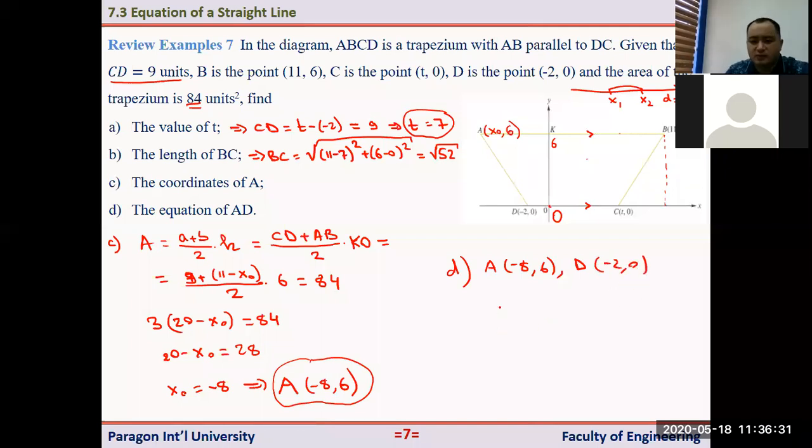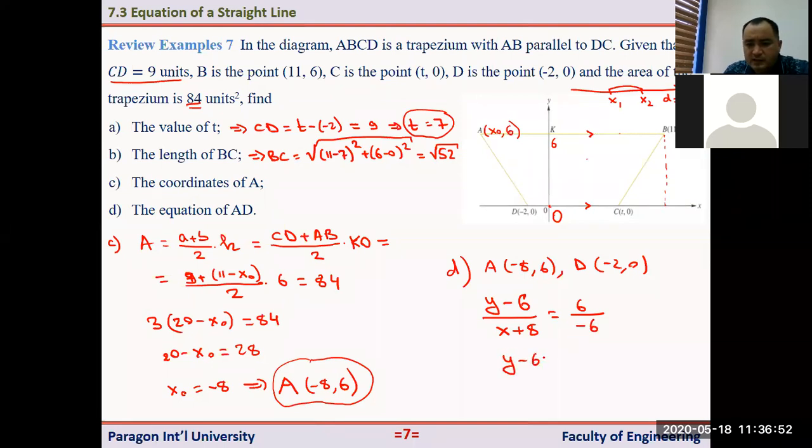We can write it as an equation, right? y minus 6 over x minus minus 8, that is plus 8, equals 6 minus 0, it is 6, over negative 8 minus minus 2, that is negative 6, right?